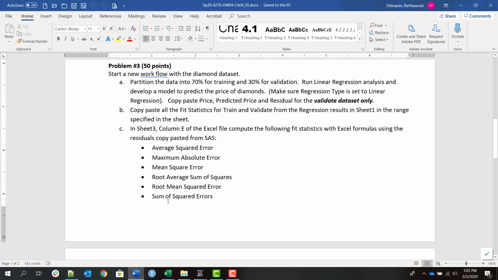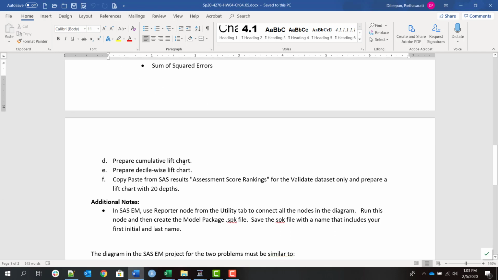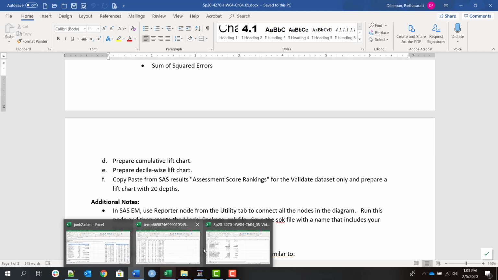Okay. As I said, I'm going to skip that. Now D is prepare a cumulative lift chart.